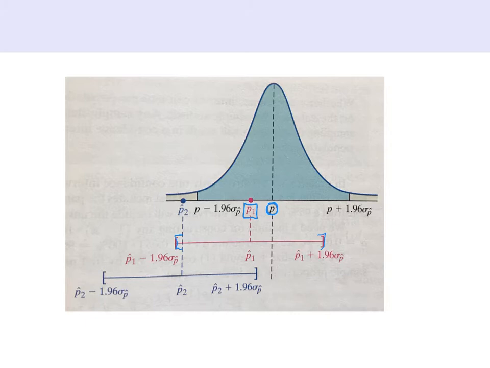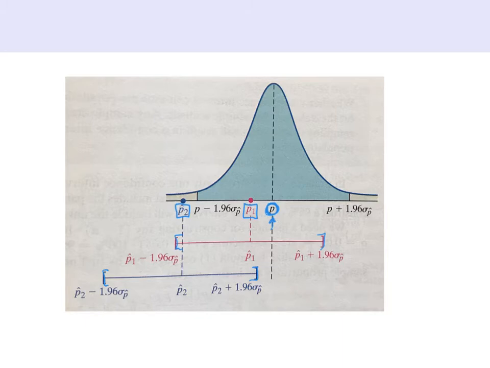Does that interval of numbers include the parameter p? Yes, it does. The 1.96 comes from it being a 95% confidence interval. And then if I take another sample, p2 hat, there is a chance that 1.96 times the standard deviation does not include the parameter p. But conceptually, it's a 95% chance that it will contain it, 5% chance that it won't.